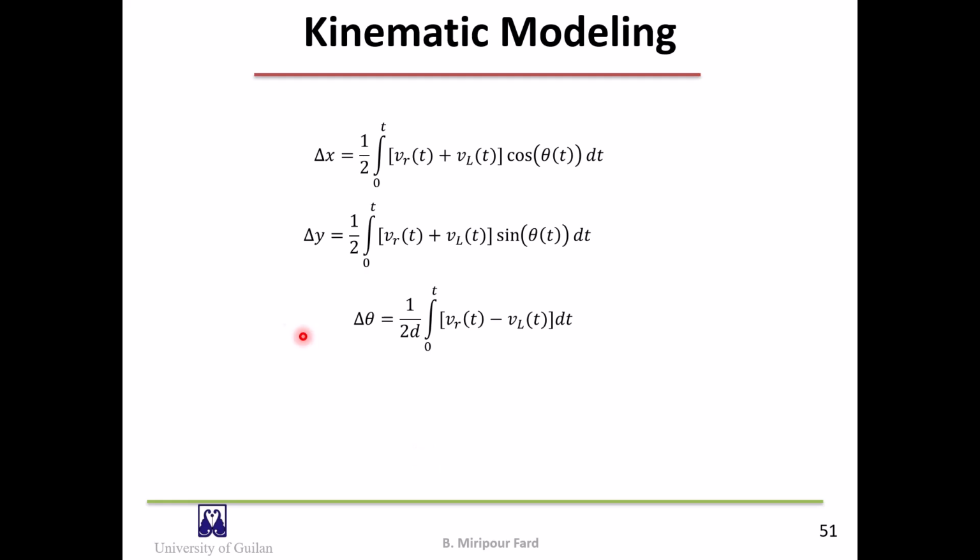Let's rewrite the kinematic equations again, and this time we replace V with its equivalent, which is VR plus VL over 2. And we also replace omega with VR minus VL over 2D.